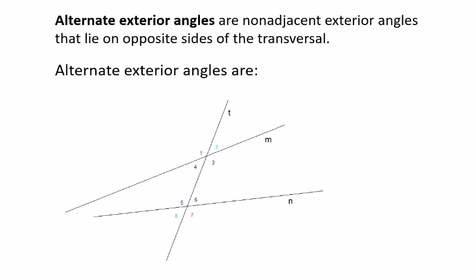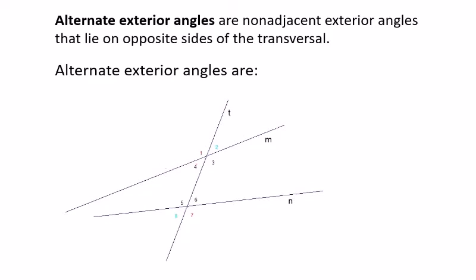The last angle pair that we're going to talk about are alternate exterior angles. Remember that alternate interior angles were in between the two lines, but on opposite sides of the transversal, like 4 and 6. Alternate exterior angles are going to be on the outside of the lines, on alternate sides.